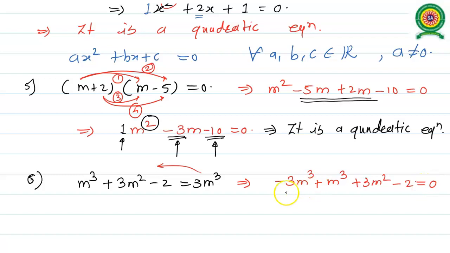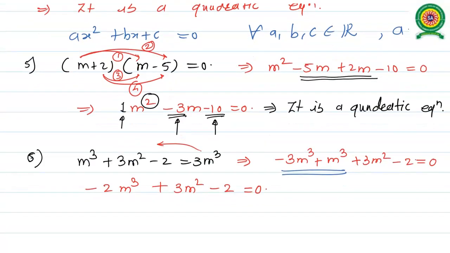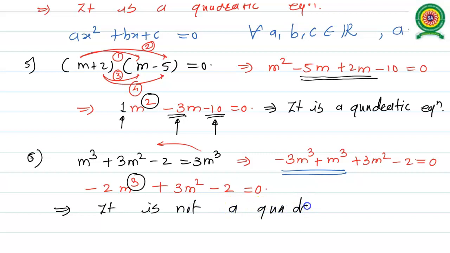Now minus 3m cube and m cube are like terms, they are easily added, so we get minus 3 plus 1 becomes minus 2 times m cube plus 3m square minus 2 equals 0. Now we have the variable m and its highest degree becomes 3, so it is not a quadratic equation.